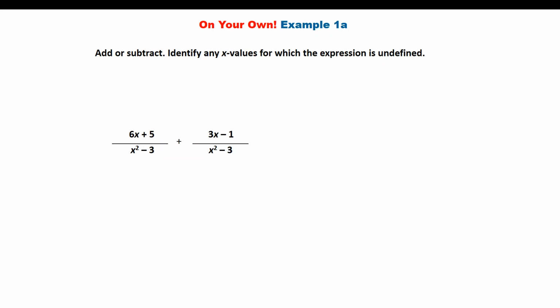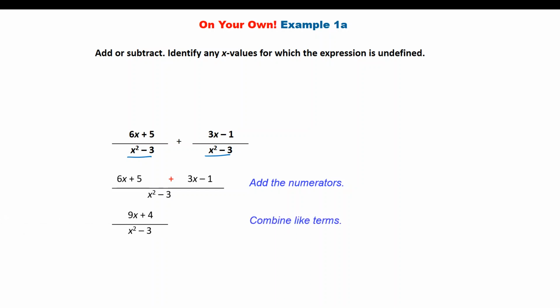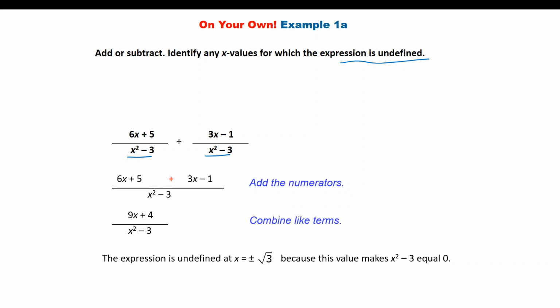All right, I don't think you should have had very much problem with that because we have a common denominator right here. So all we have to do is add our numerators. And when we do that, you combine your terms. You get 9x plus 4 over x squared plus 3. And let's talk about when the expression is undefined, okay? So here we had to say x squared minus 3 equals 0.